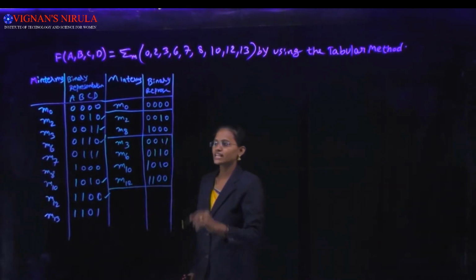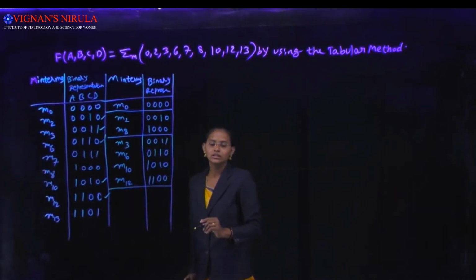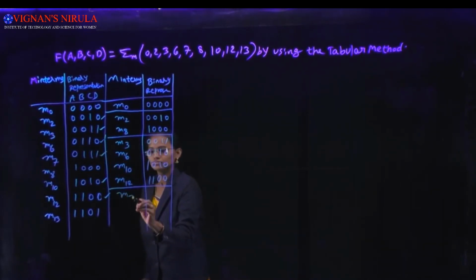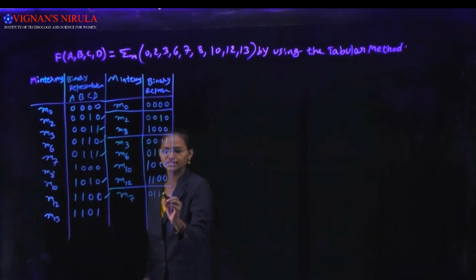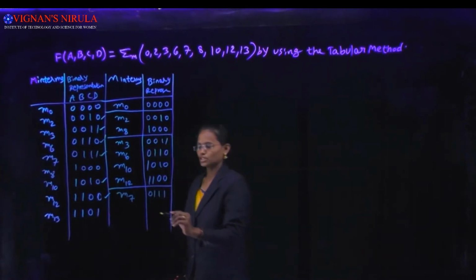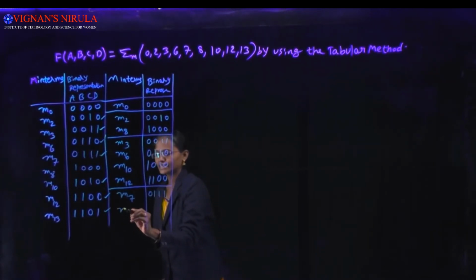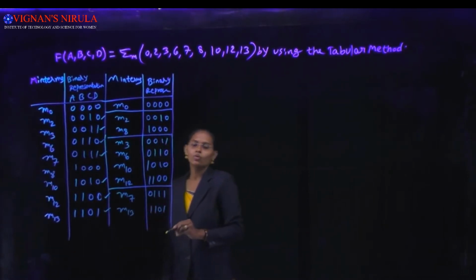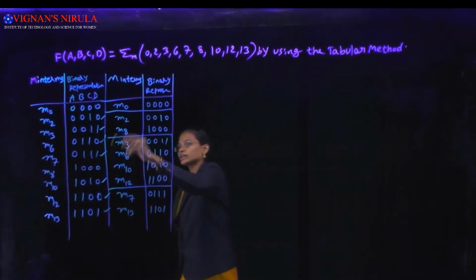And next considering the number of ones are 3, there M7 representation is 0, 1, 1, 1. Then next M13 is 1, 1, 0, 1. Okay, all are completed.